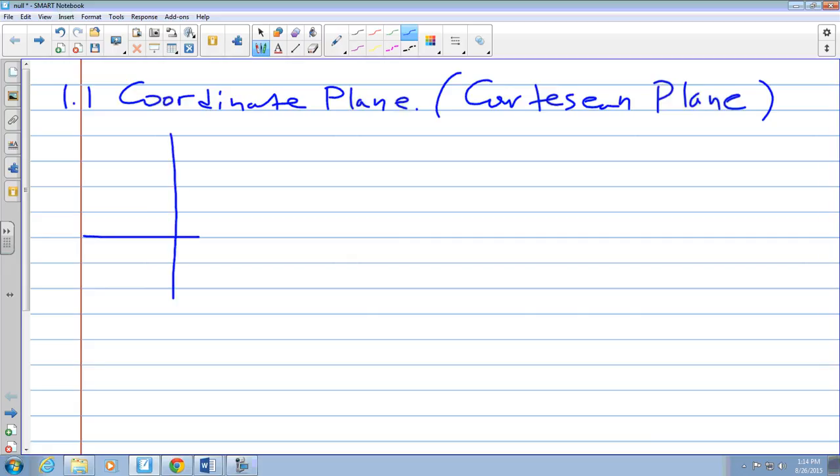So coordinate plane, you're familiar with it, right? You have basically an intersection of two real number lines, and you have the origin, and then each point there has x and y coordinates, right? Called ordered pairs, so hypothetically speaking, this is (3, 2).